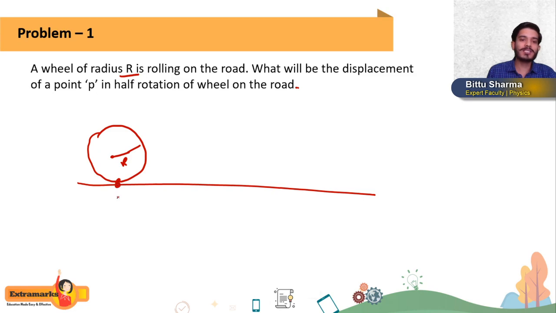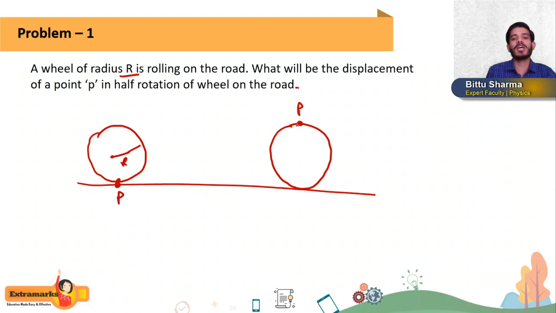So let us say, students, this point is P, and after half of the rotation, what will be the displacement of point P? You can see here that after half of the rotation, point P will reach here, and what will be this distance?